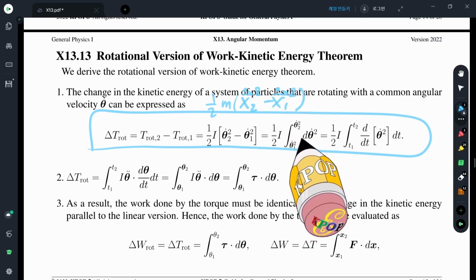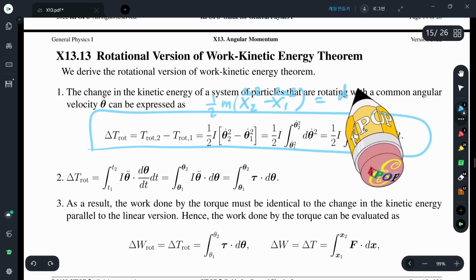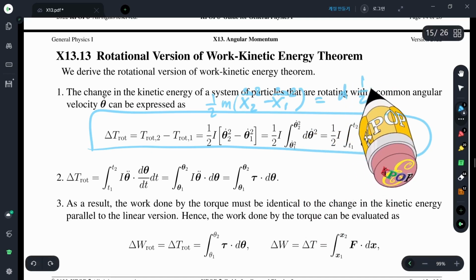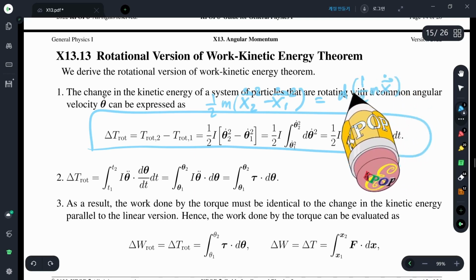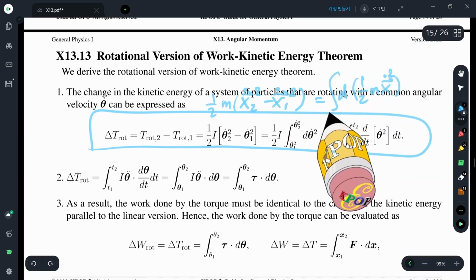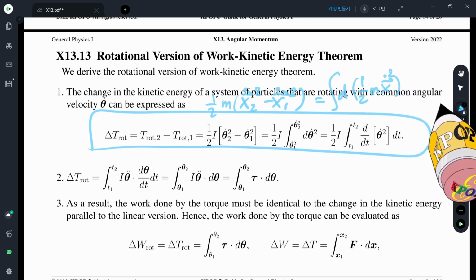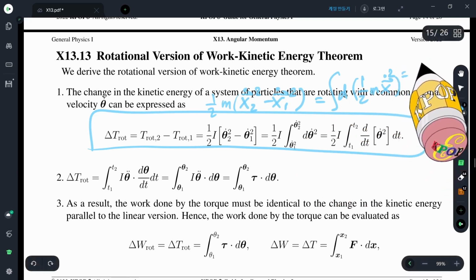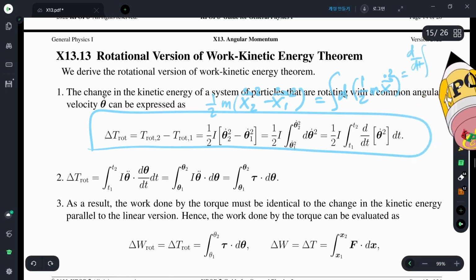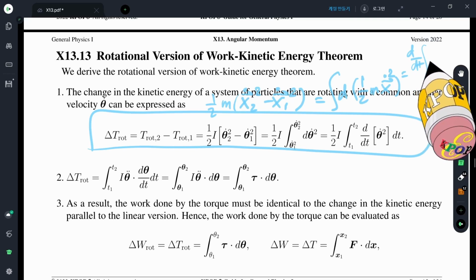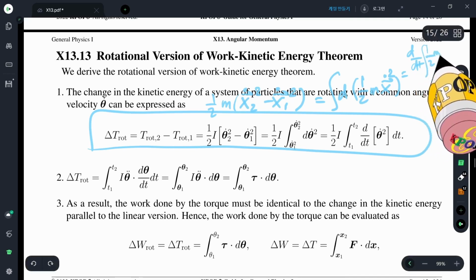And that was the same as the differential of 1/2 m x dot squared during the motion. That was the time derivative of the kinetic energy.